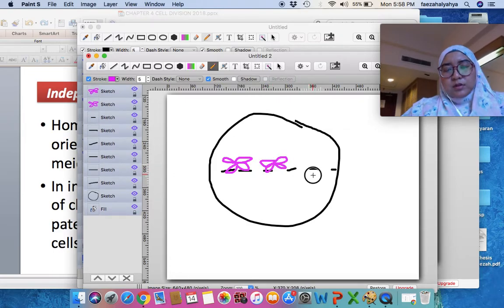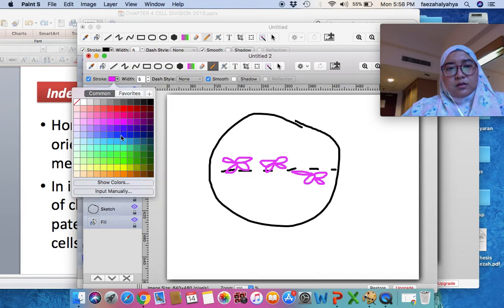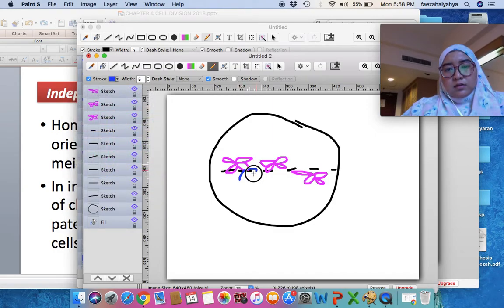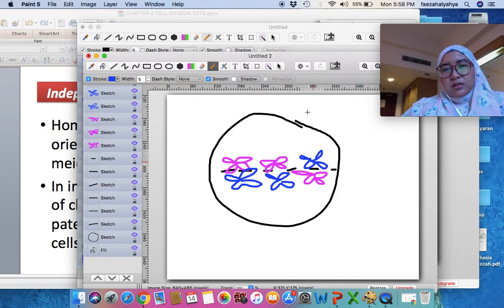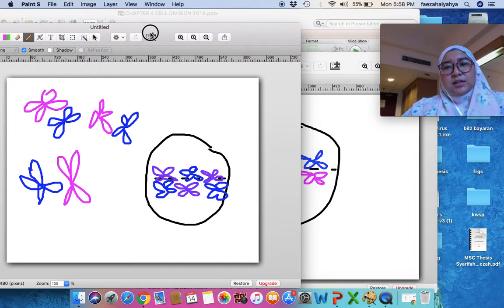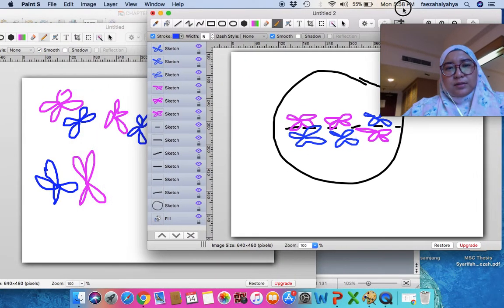Ataupun it can be like this. 2 merah ke atas, 2 biru kat bawah. Okay, kita pakai pattern lah, arrangement. So this is an assortment. So we have different probability. Satu yang macam ni.